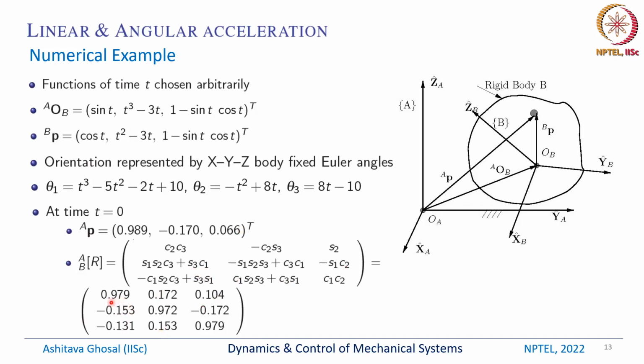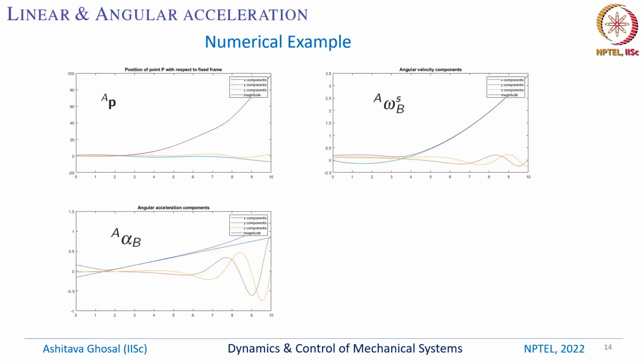Okay, so R11 is 0.979, R23 is minus 0.172. All these numbers are obtained by nothing but substituting t equals 0 in these expressions for theta 1, theta 2, and theta 3, and then evaluating sine and cosine of these theta angles.